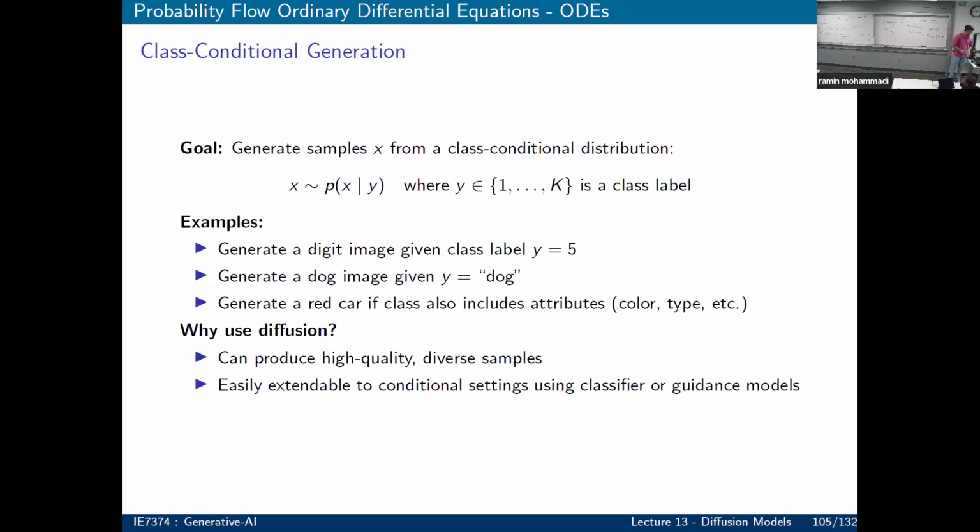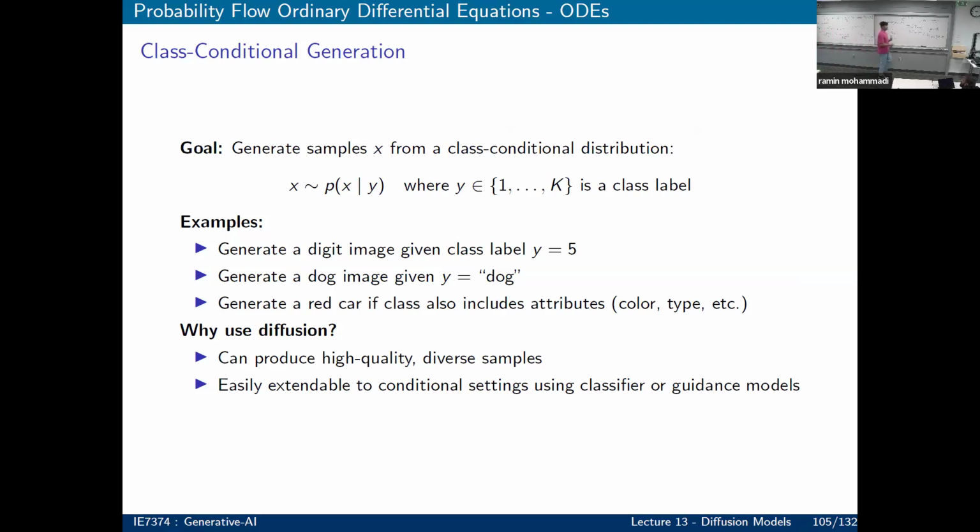Now, in order to change your diffusion model to be conditional on the image class that you want to generate, that becomes class conditional generation. Let's say there are k classes that you want to train your model to generate from, k possible categories. Then you want to somehow incorporate that in guiding your model. So this is just a definition.